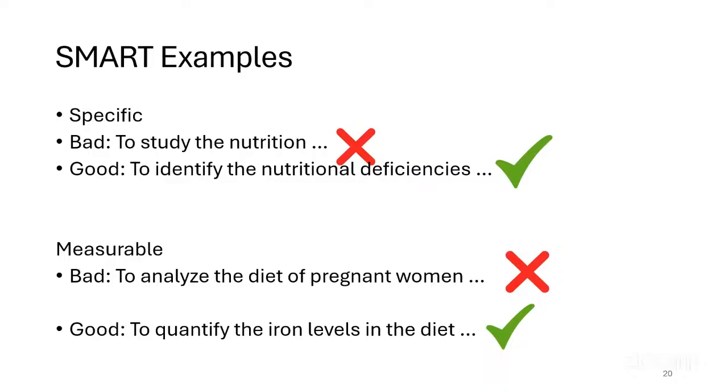You want to quantify iron levels, because if you just say analyze the diet, how do you want to measure that? What exactly do you mean by analyzing the diet? What is your tool or what is your metric for analysis of diet? But if you say you are quantifying iron levels, they can be measured, they can be quantified. This is an example of a measurable objective.